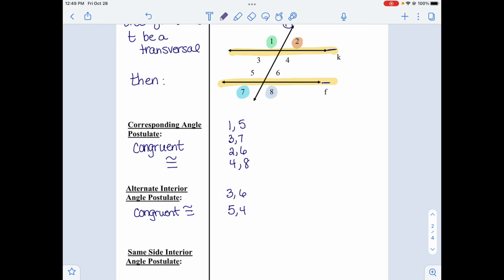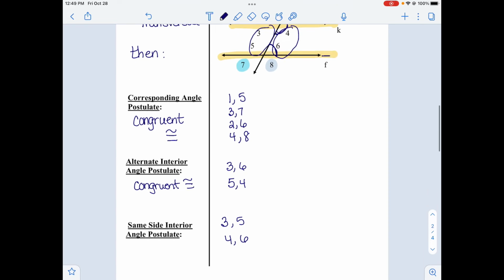We're talking about one side of the transversal. Those angles together, the measure of this angle and this angle, are supplementary, which means the sum of them equals 180. So we have 3 and 5, and we have 4 and 6, and those are supplementary.